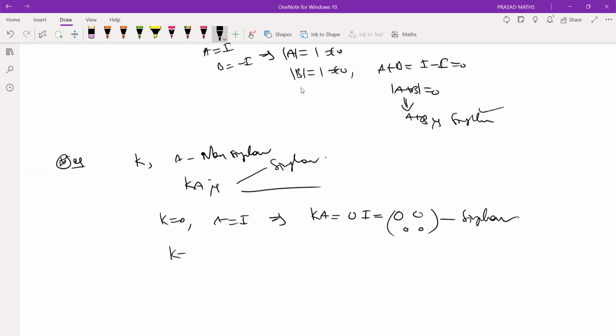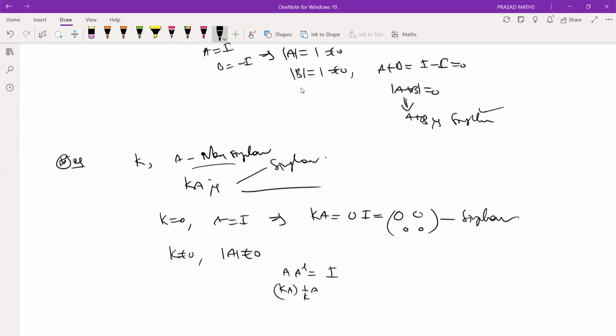Similarly, if you take K as non-zero and A is non-singular, that means det A is non-zero. Det A non-zero means A is invertible. That means A into A inverse is equal to the identity matrix. Now what I do is multiply by 1 by K on both sides.